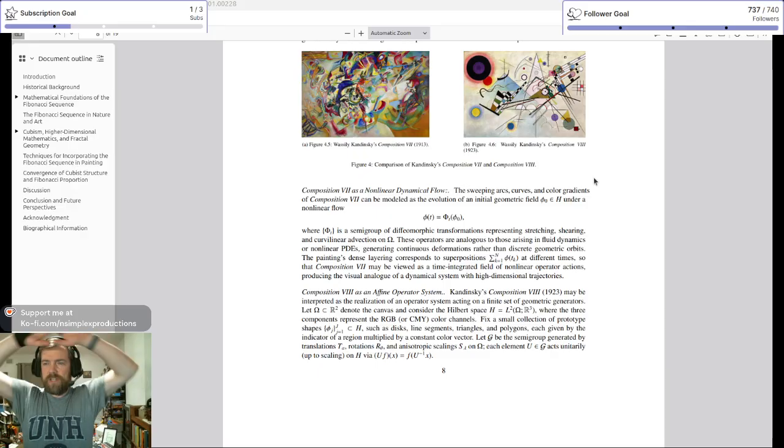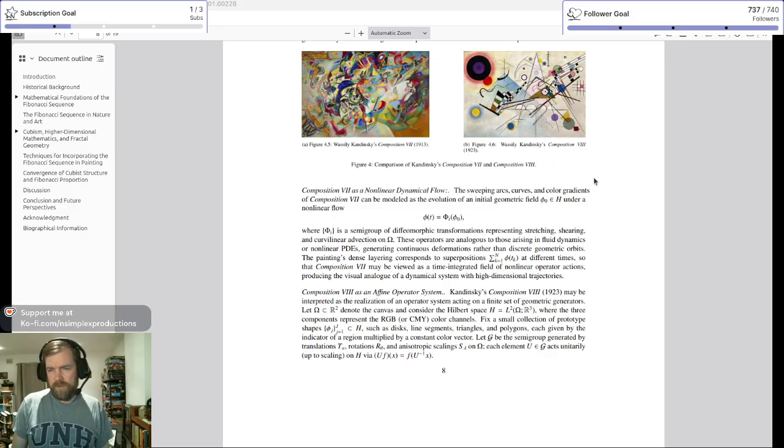Sweeping arcs, curves, and color gradients of composition 7 can be modeled as the evolution of an initial geometric field, phi0, under a nonlinear flow. Phi of t is equal to big phi of t of... or no. Where big phi sub t is a semigroup of diffeomorphic transformations representing sketching, shearing, and curvilinear advection on omega.